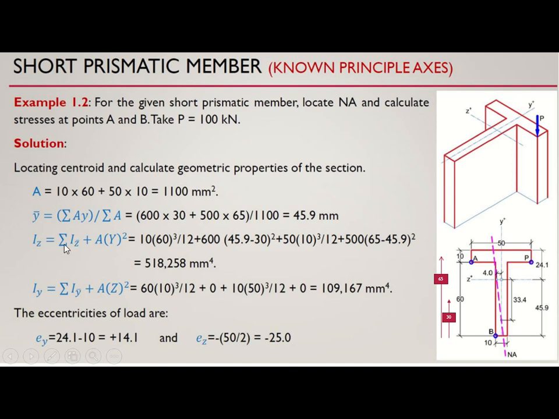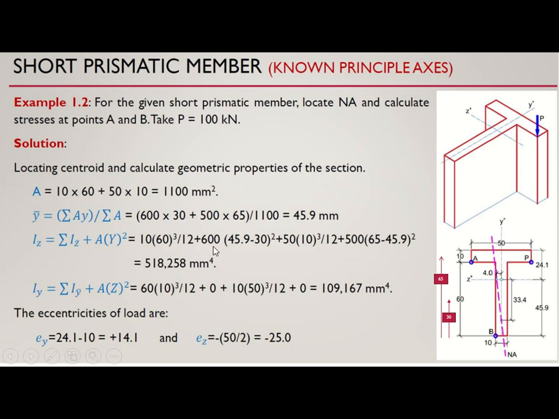And this is Iz. How can we calculate Iz? We can calculate it by the moment of inertia, b d cubed divided by 12. What is the breadth? Breadth is 10. Depth is 60.